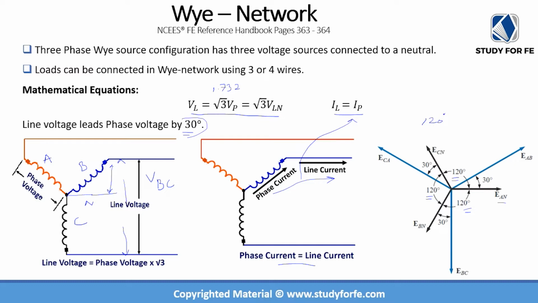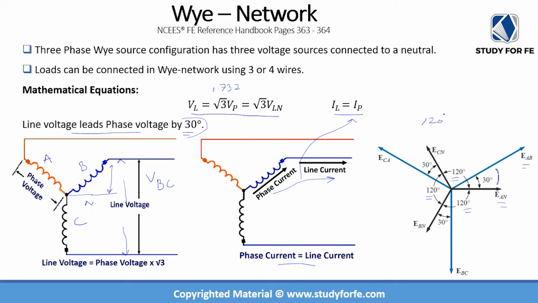Now, you can notice that EAB actually leads the phase voltage AN by 30 degrees. So again, the line voltage leads the phase voltage by 30 degrees.